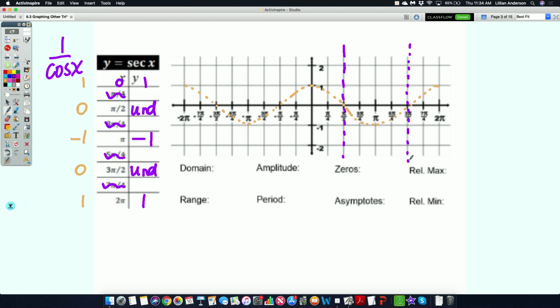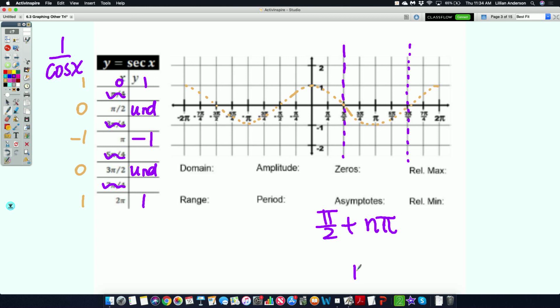How would I represent every asymptote? Remember, you pick one to start with, so give me one of the asymptotes, plus how far apart they are. How far apart are those asymptotes? Pi units, so then it's going to be n pi.